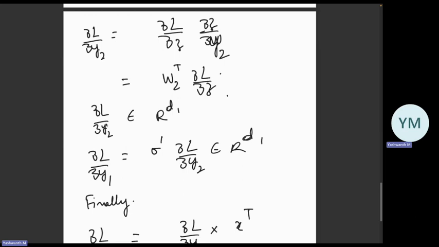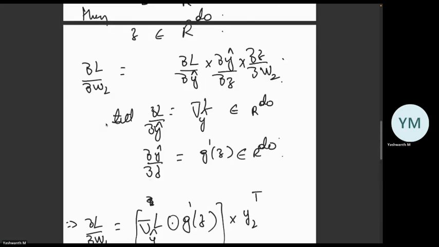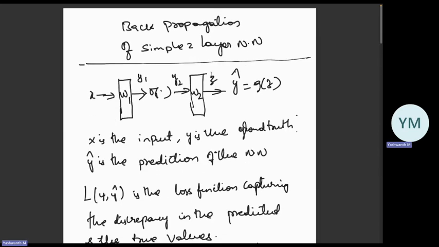But to get to W1, we need to pass through y1. So hence we need dL by dy1 as well. But y2 and y1 are related by a very simple relationship through the activation function.